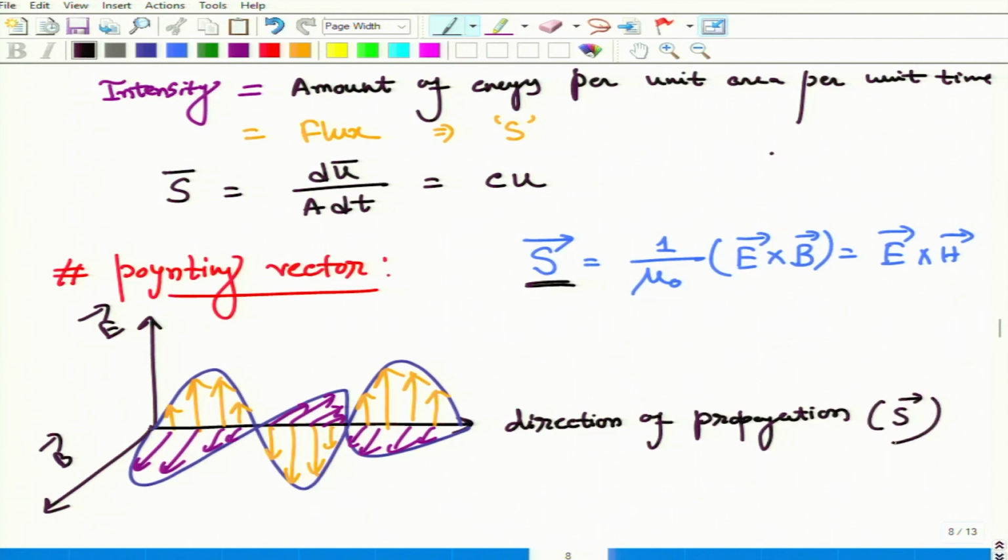So the Poynting vector denotes the direction of propagation of the electromagnetic wave. This is the definition of the Poynting vector.